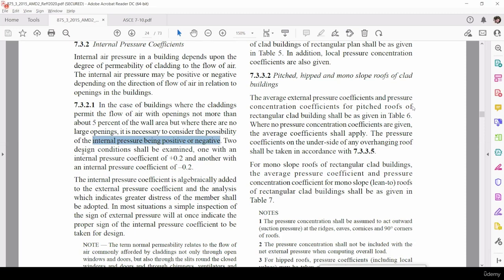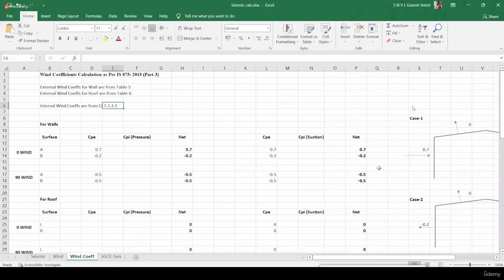The design conditions shall be one with an internal pressure coefficient of plus 0.2 and another with an internal pressure coefficient of minus 0.2. I'm telling you again, plus 0.2 indicates the pressure acts internally towards the surface. If it acts in this direction, it is towards the surface, the plus condition.